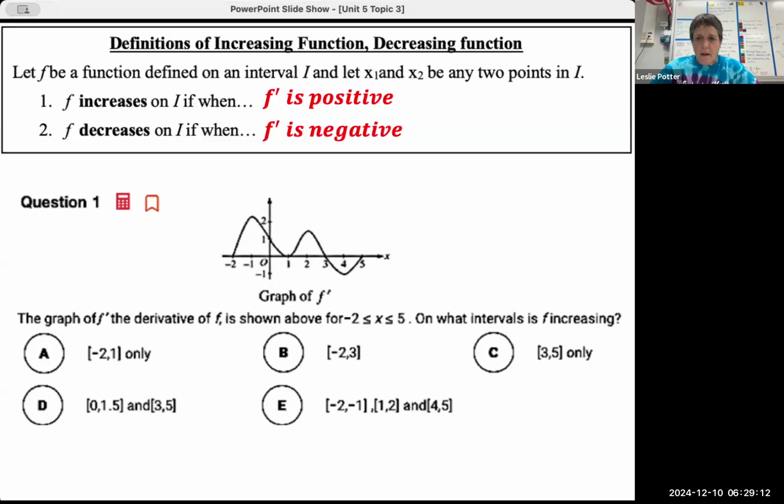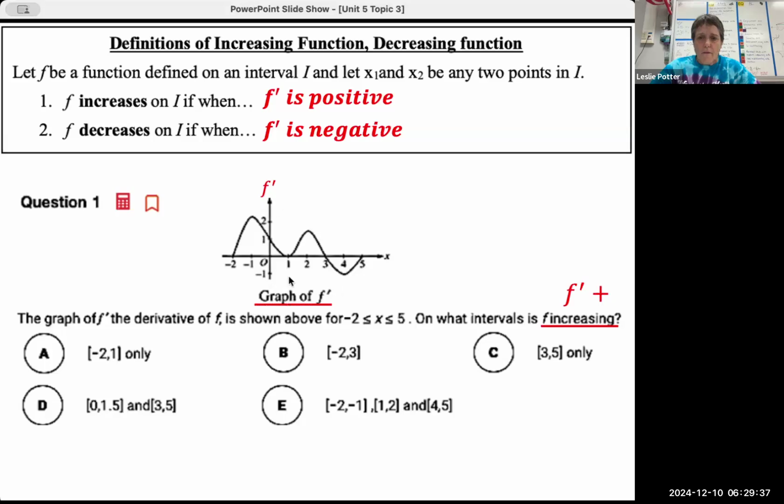And the derivative is negative from 3 to 5. And so if we have the graph of the derivative on this interval from -2 to 5, and we want to know where the function itself is increasing, we're going to look at this positive location here.